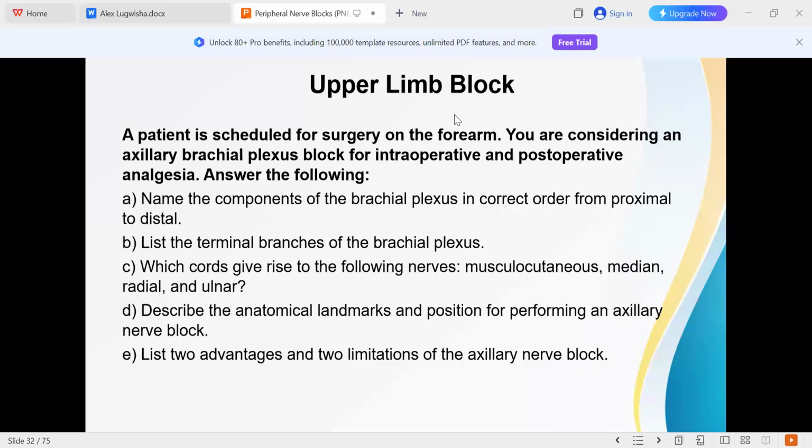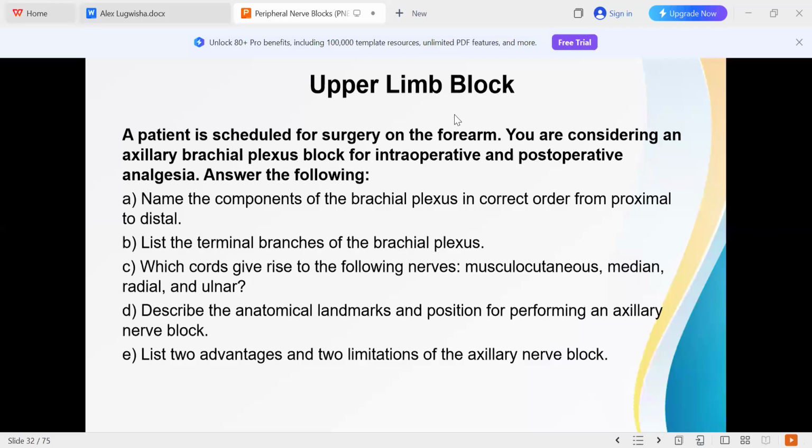However, it's limited because one of the terminal branches of the brachial plexus, the musculocutaneous, needs to be blocked separately, because you have to go lateral to find it, and most of the time it's missed. Some patients can experience pain on the lateral aspect of the forearm skin, and so it can hinder techniques like tourniquet application.